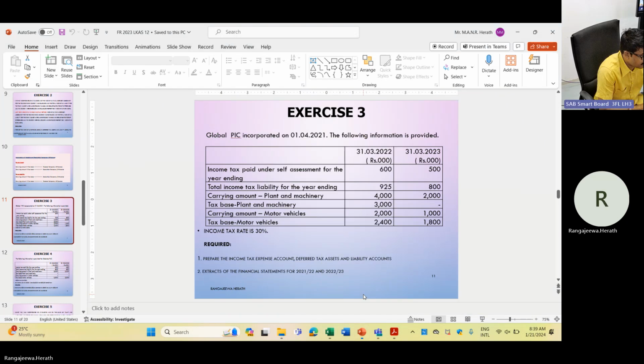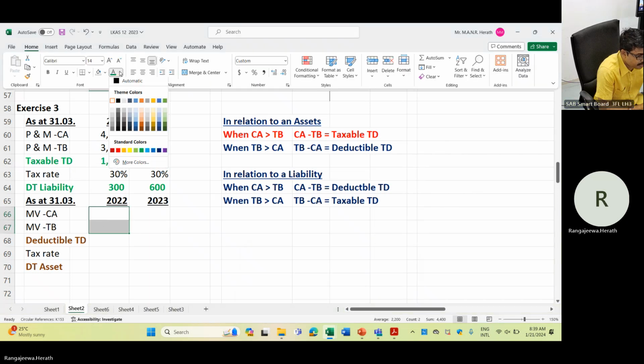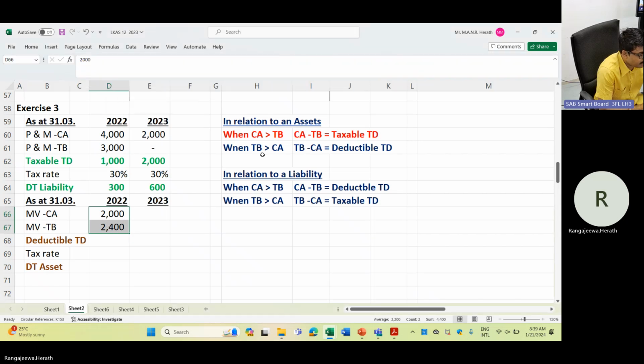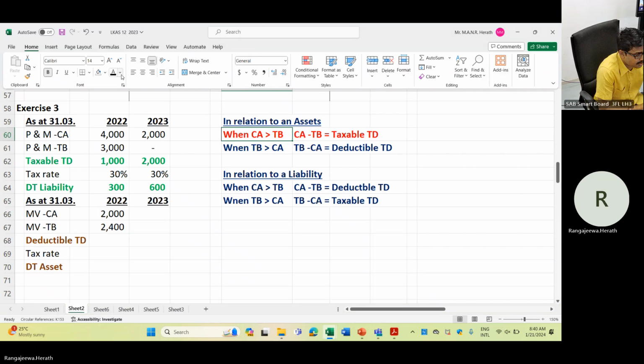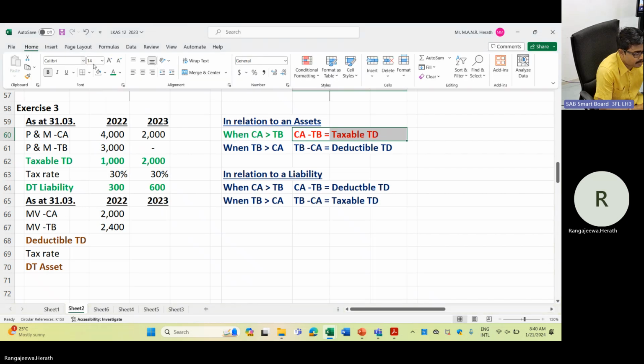Then we have motor vehicle. Motor vehicle carrying amount 2,000 first year, tax base 2,400. So we take motor vehicle carrying amount 2,000, tax base 2,400. Now tax base is greater than carrying amount.